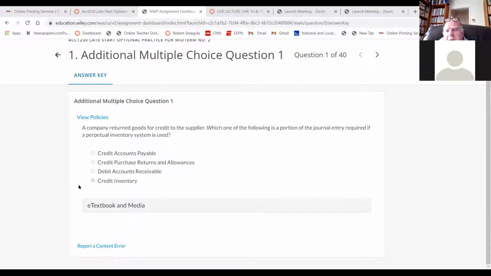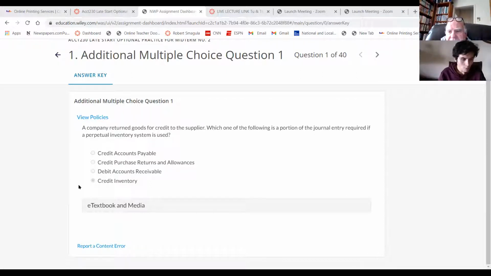I would write down what the journal entry would be to make this an easy one. In other words, a company returned goods to the supplier.